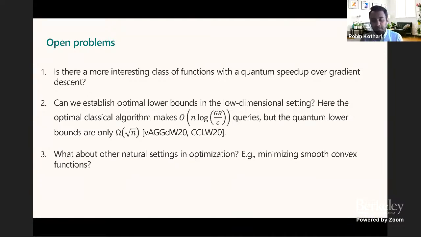The more complicated function that gets the better dependence on dimension is, I want to say it's a crazy complicated function, but it appears in a classical lower bound. So people have studied the complexity of gradient descent in the classical randomized setting, but with parallel queries to the oracle. So now in every round, you can make polynomially many queries to the oracle, and you're only counting the number of rounds needed.